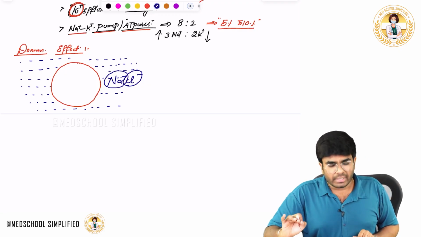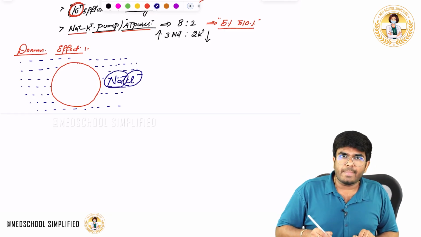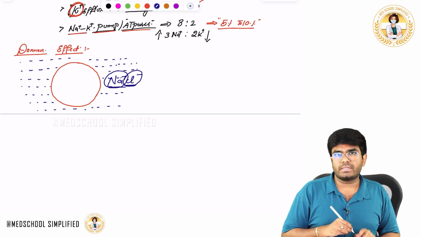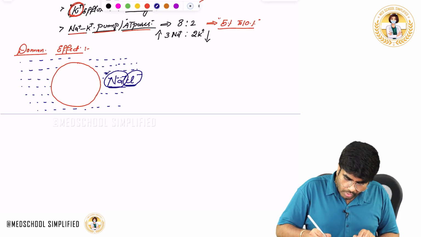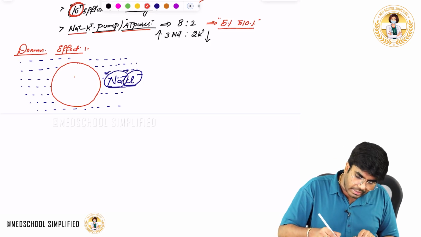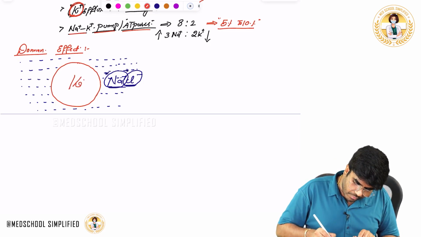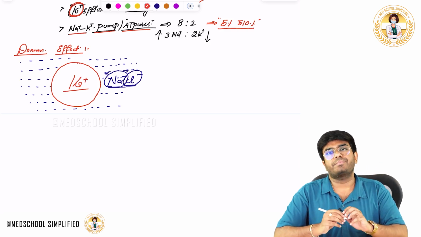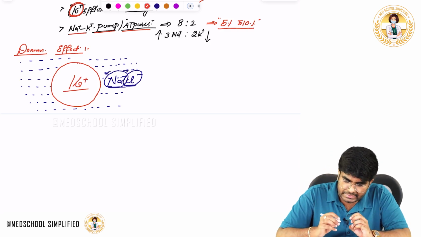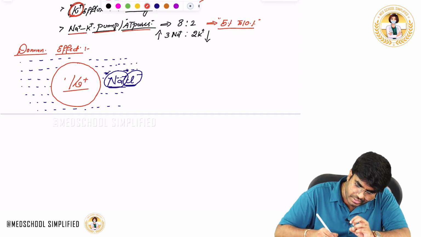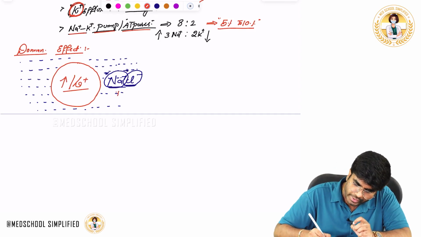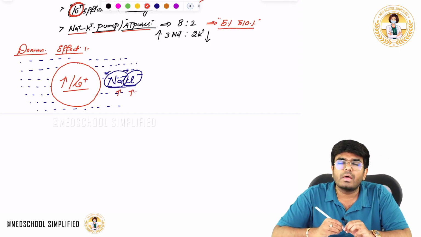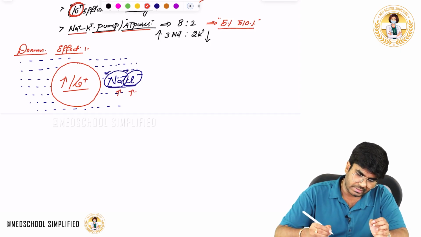But even to this day, extracellular fluids have more sodium chloride, and our cells have more potassium inside. Potassium is more inside the cell, sodium and chloride are more outside the cell.